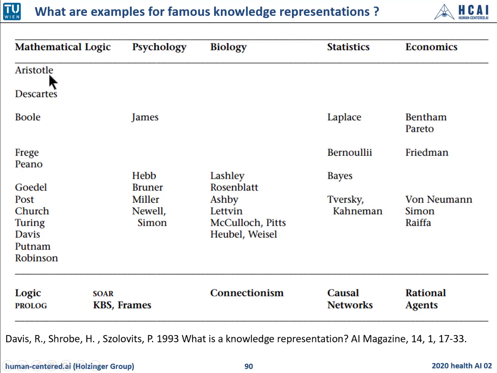Then we have the mathematical logic with Aristotle, Descartes, Boole, and inferences can be new expressions from old ones. And you have here the statistics world and the economics world with von Neumann, for example. And so you can say knowledge representation in this way is a set of ontological commitments, and we will learn about this now.